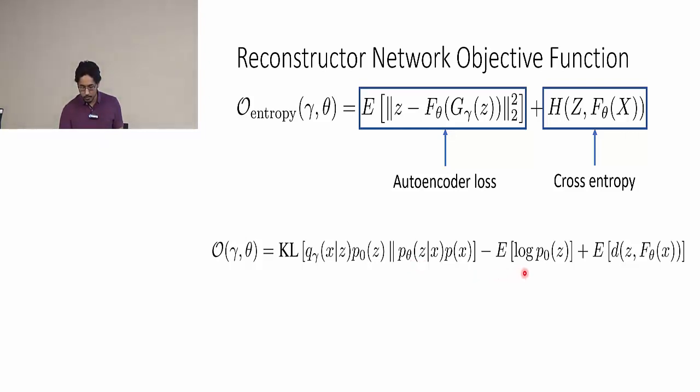The second term is just a measure of entropy over the initial noise. And then the final term is measuring the difference between the initial noise Gaussian, which is this Z, and the reconstructed noise from the real sample images.